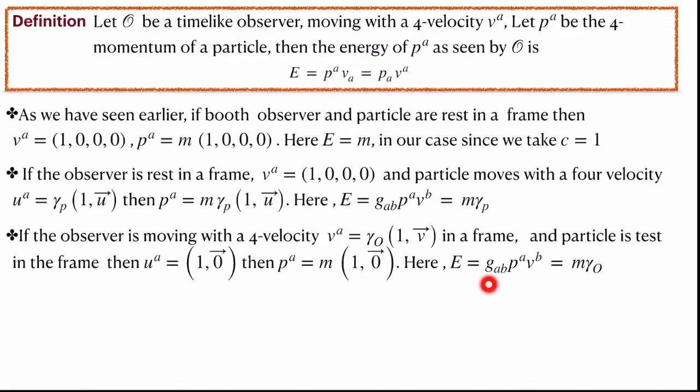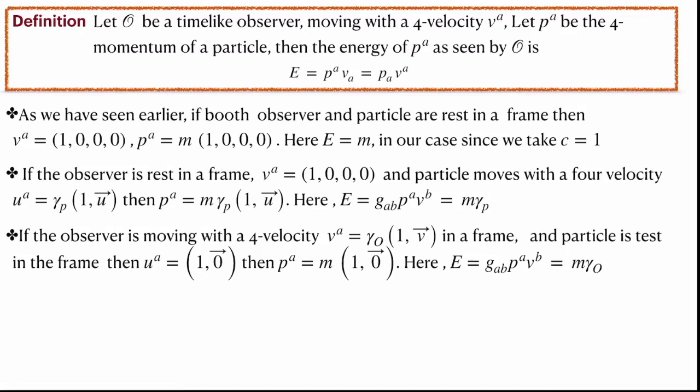So the energy of the particle as seen by observer v is given as g_ab p^a v^b, and we get that it is m into gamma_o. It doesn't really matter who is actually moving. It could be the observer or it could be the particle moving with respect to the observer. It is the relative velocity which in fact matters, and the gamma factor corresponding to that gets multiplied to the rest mass energy of the particle, and that would be the energy seen by an observer.